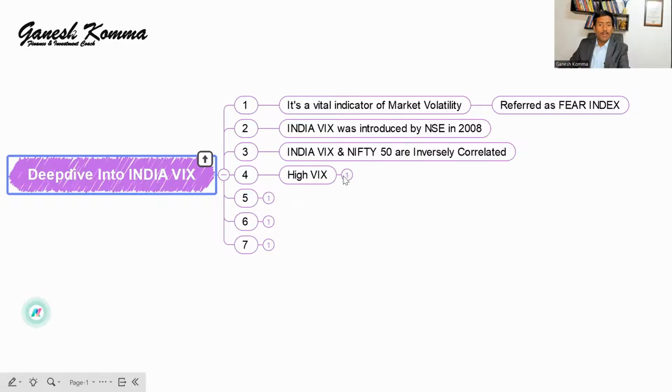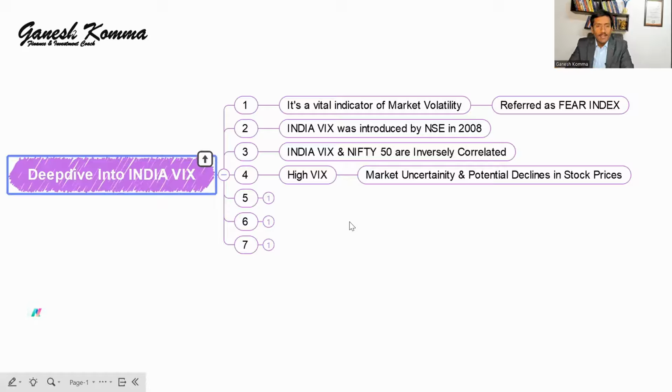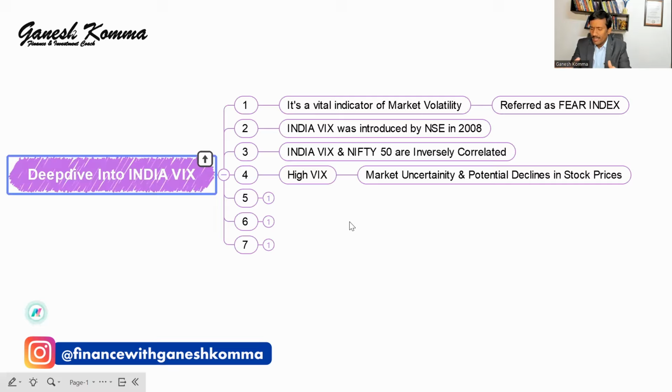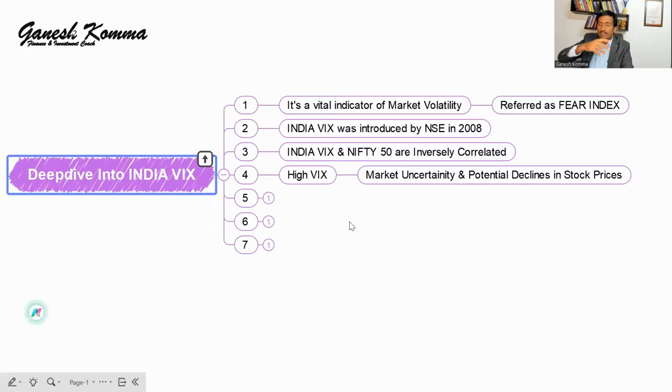And a high VIX means market uncertainty and a potential decline in the stock market. Like right now, the India VIX is above 18. That is the reason we are discussing this now. In the last trading session, India VIX has moved above 18. That's a reflection of high VIX.